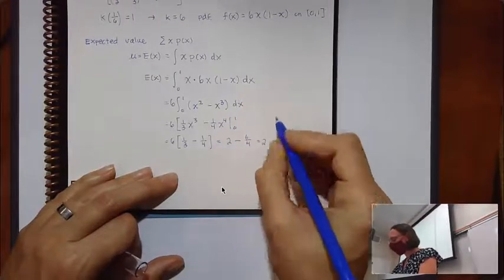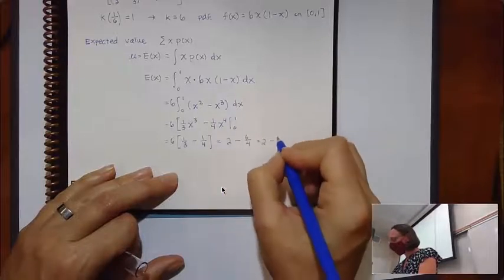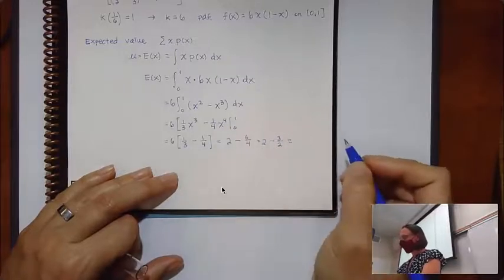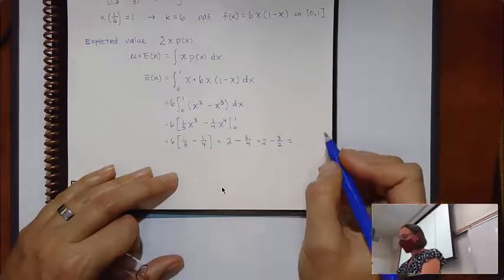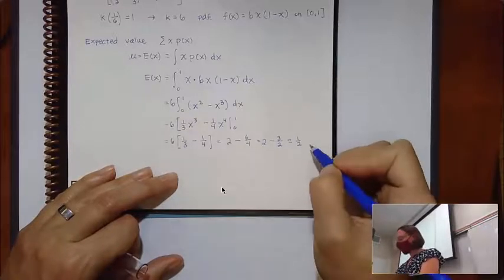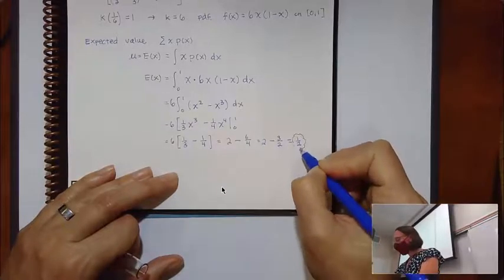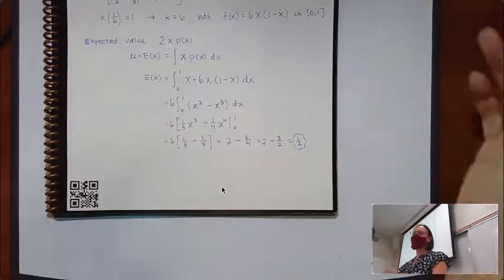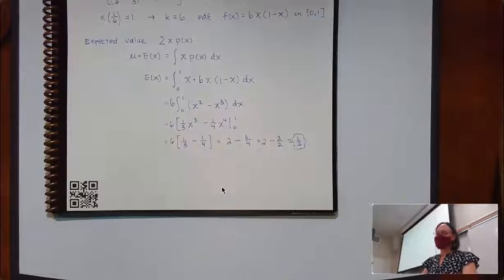But 6/4, those are both divisible by 2, so that's minus the 3/2. 2 minus 3/2 looks like 1/2 to me. So we got a number that is between 0 and 1. It's looking great. There's our expected value.